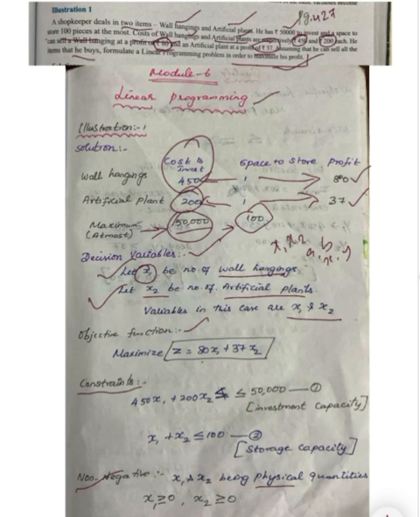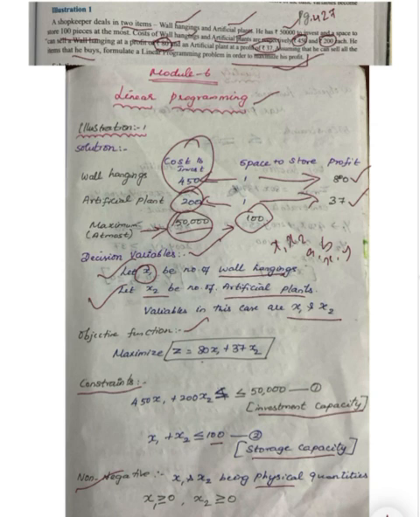Okay, what are all the constraints we are having? Already I mentioned he is able to invest up to 50,000. That is his investment capacity. Like that he can store up to 100. That is his storage capacity. So this is our limitation, this is our constraint.